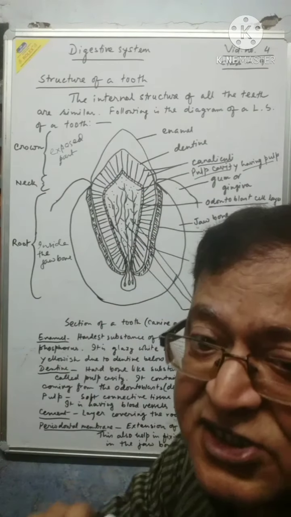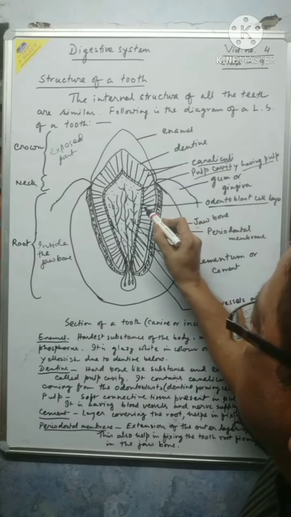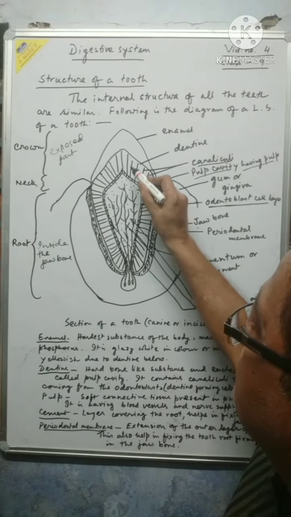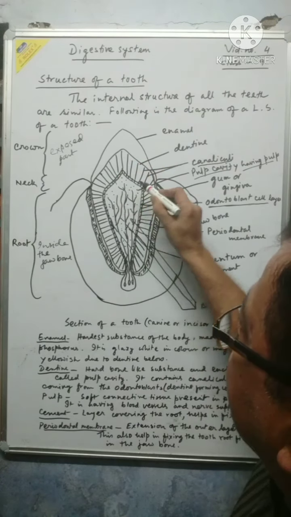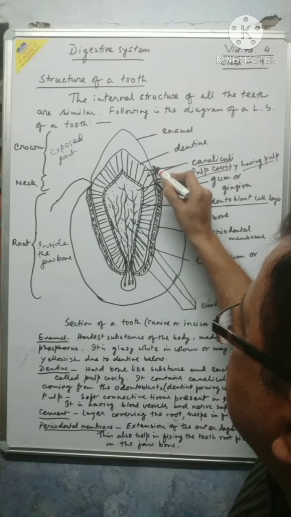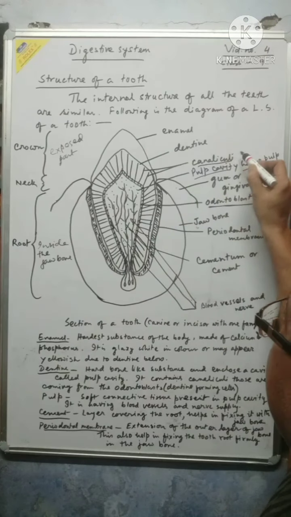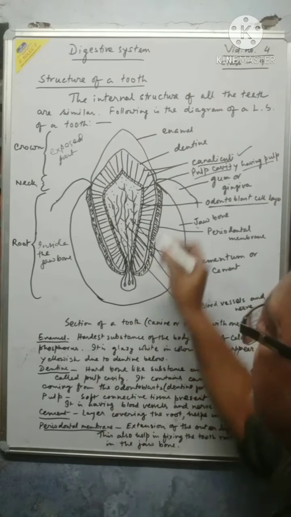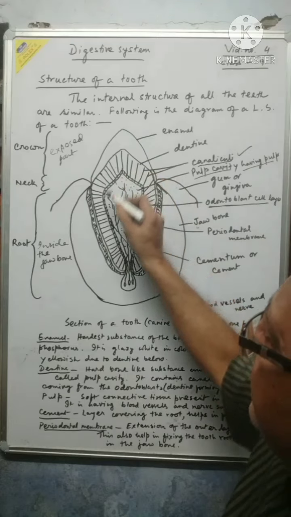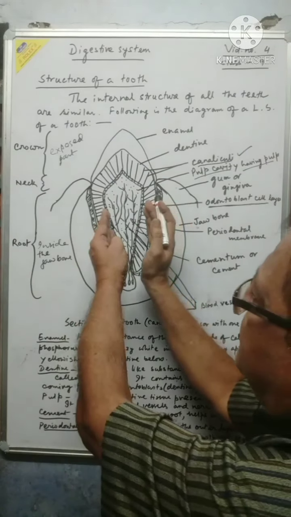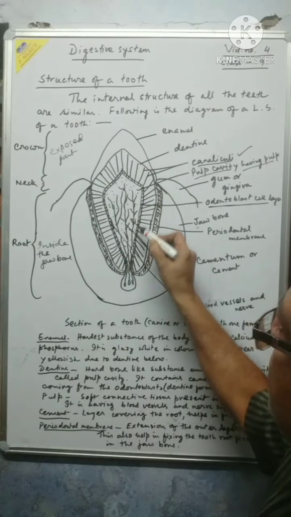This structure is not shown in your book. These odontoblast cells secrete the substance of dentine, and the processes of the protoplasm of odontoblast cells are called canaliculi. This dentine is covering a central space called the pulp cavity.